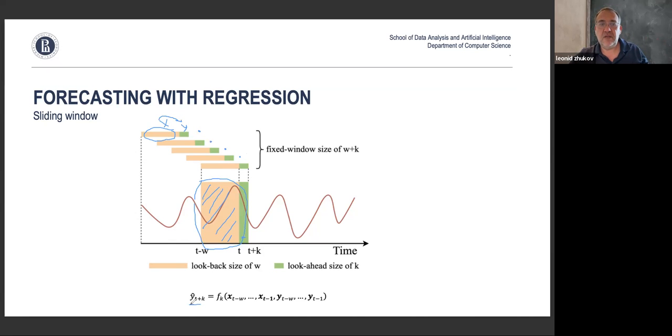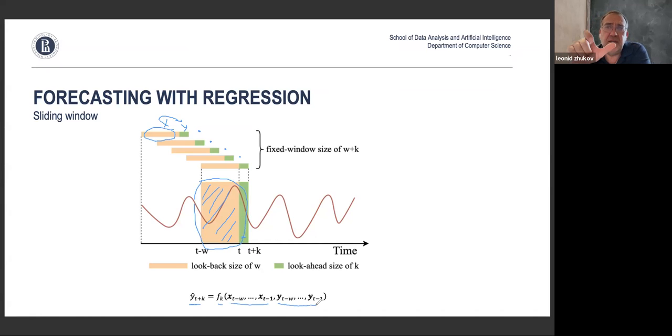And so the value of Y at T plus K, where K is this look ahead interval, is based on a function of the X values, the features. You can also add not only the feature vector, but also the values of the Y variable, the one you want to predict.